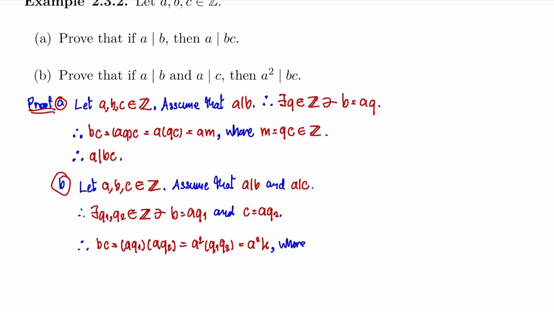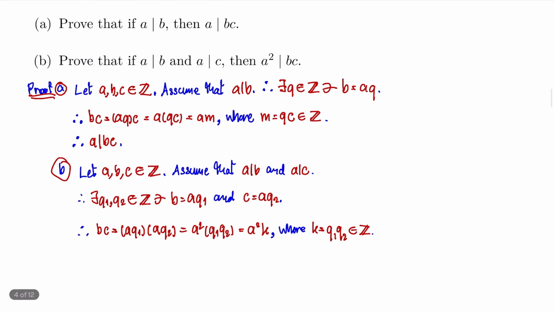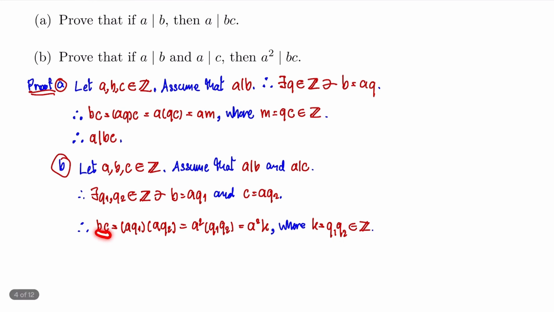Where K equals Q1 Q2, and the product of Q1 Q2 is an integer. So we have BC equals A squared K, where K is an integer. That means that we can divide BC by A squared. Okay? So we're going to have A squared divides BC.